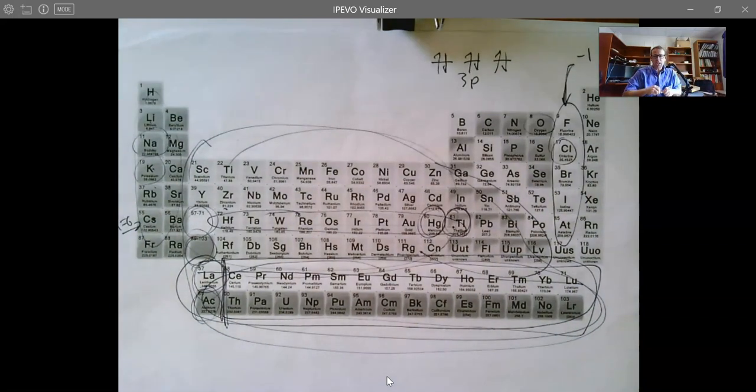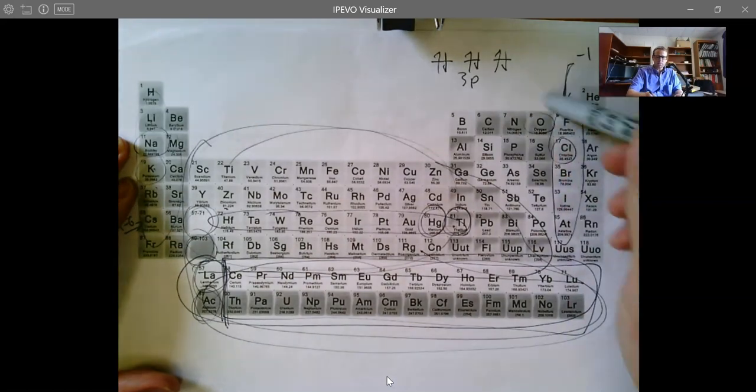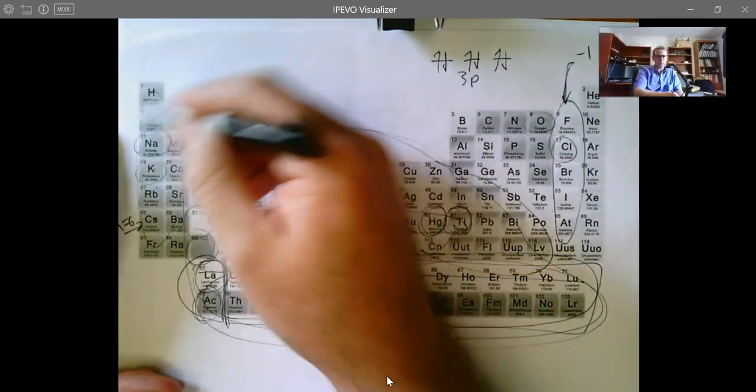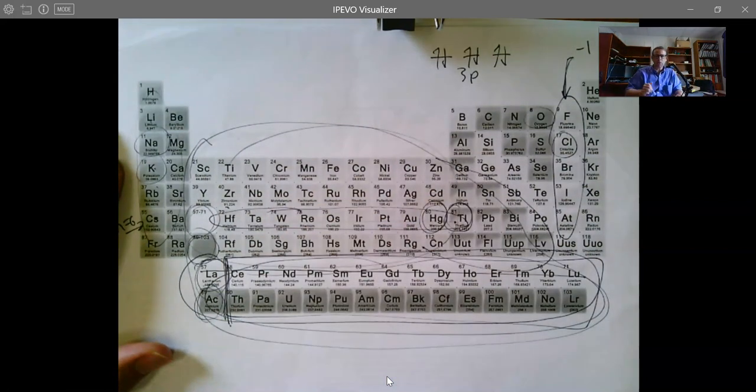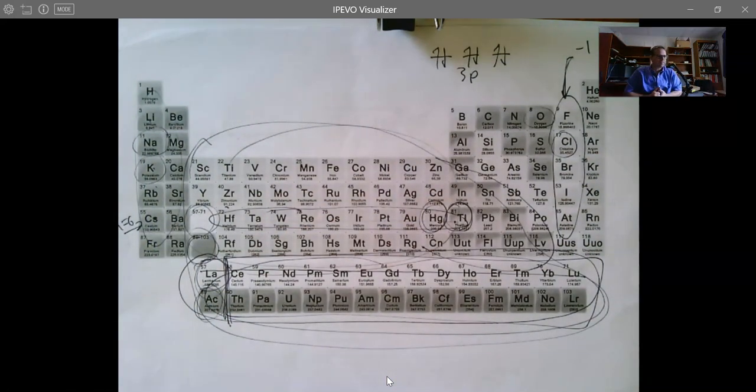So our additional understanding still allows us to predict ions for our representative elements, but now we have the ability to predict ions for a larger realm as well, or at least understand the chemistry after we've seen it.